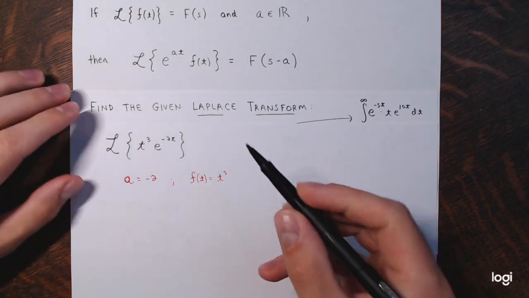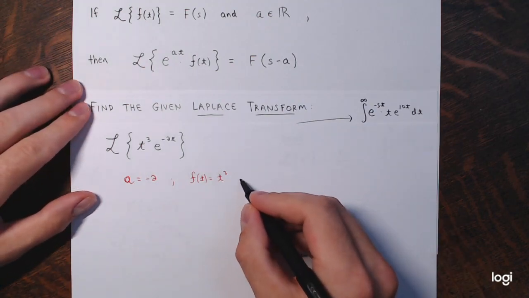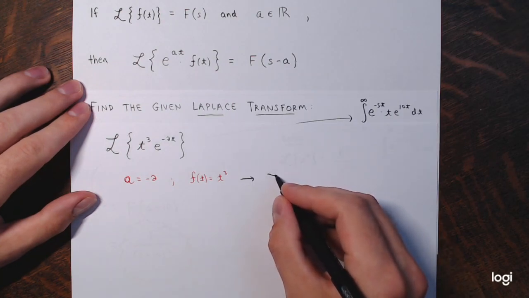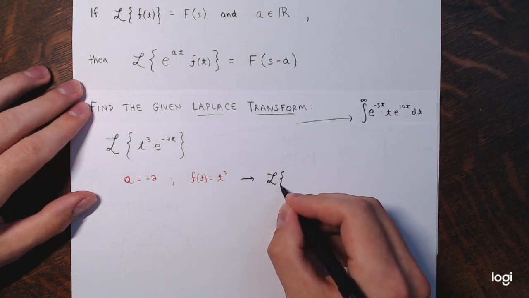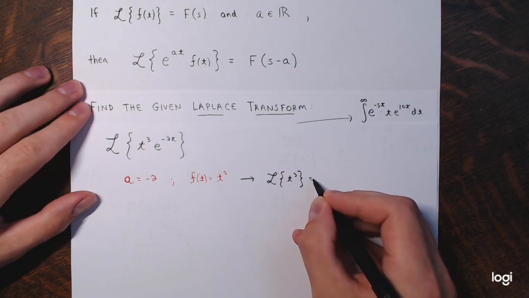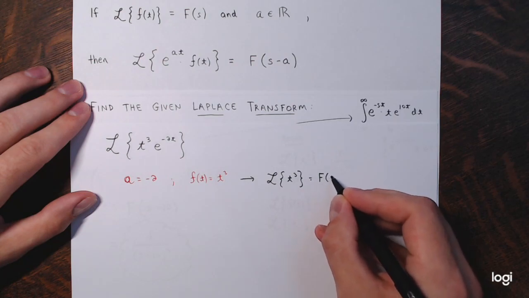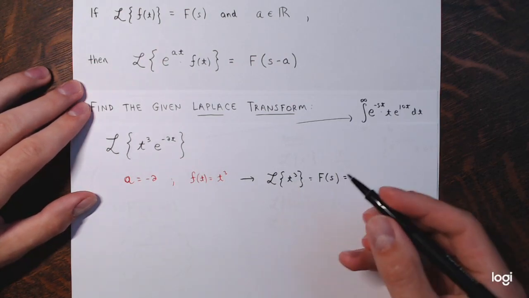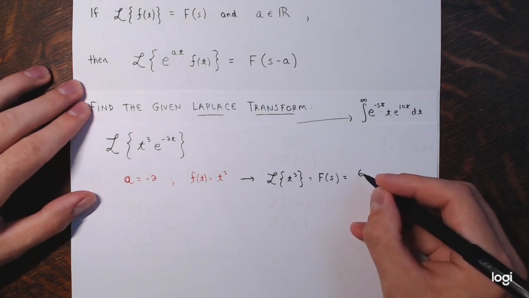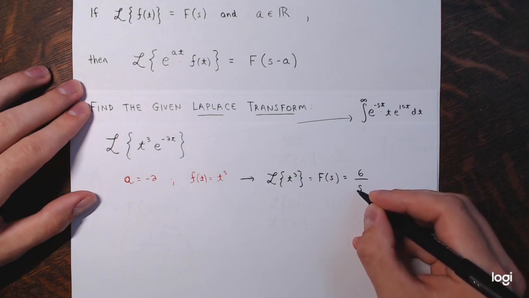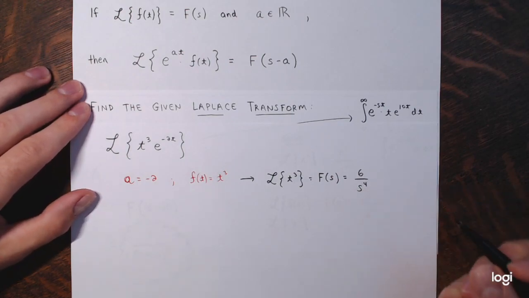Alright, so the F of s, which is just going to be the Laplace transform of f of t, capital F of s. This is just another power of t, so this would be 3 factorial, which is 6, divided by s to the 3 plus 1, so divided by s to the 4th.